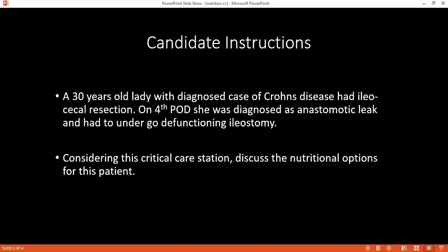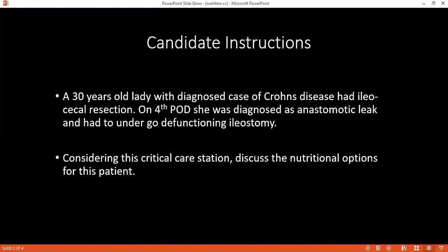Okay, can you please tell me what are the indications when TPN should be given? There are general indications like severely malnourished patient, for example, more than 10% weight loss within 3 to 6 months.